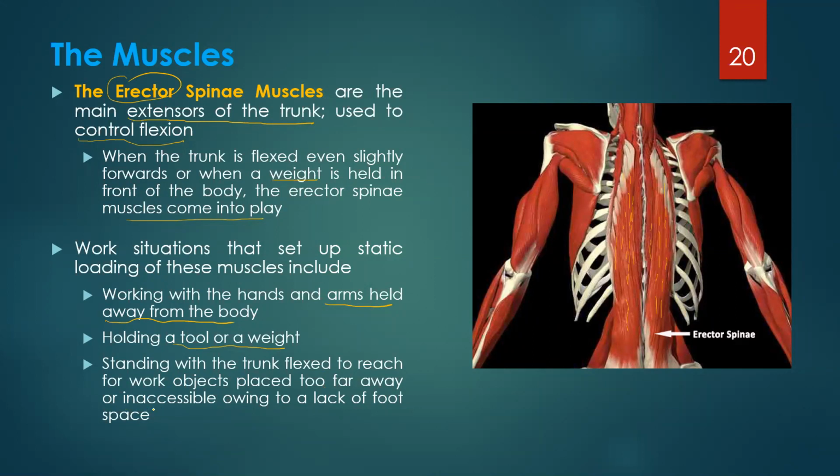So again, they play a role whenever you are moving your trunk on the front side. So these are the erector spinae muscles, the long muscle with straight fibers, just at the center of your back. And we will analyze the different forces that these muscles resist mathematically as well during our topic on biomechanics.